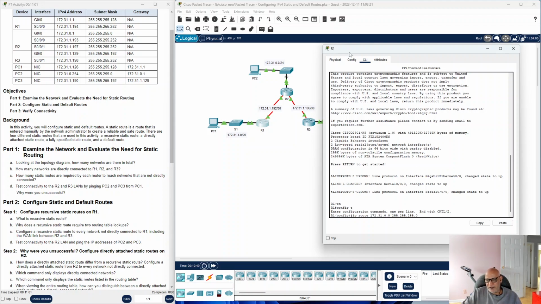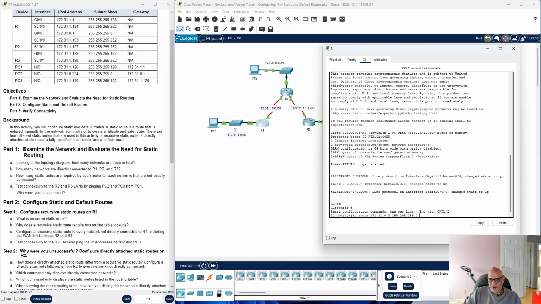This is the network that R1 needs to know because it's not directly connected. Now, we also have to specify how to get to this network. Let's say PC1 wants to access PC2; where will R1 send this packet to reach PC2?